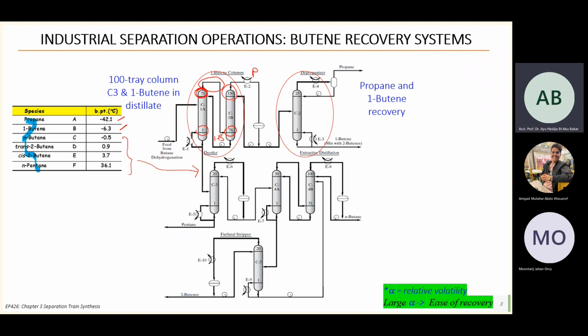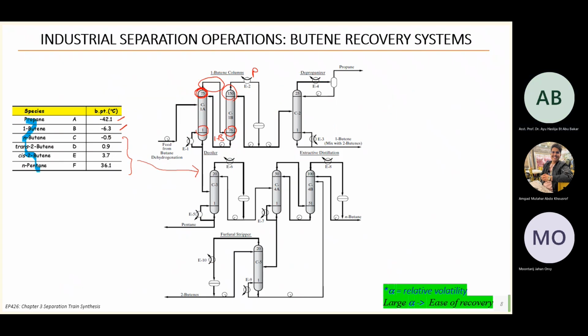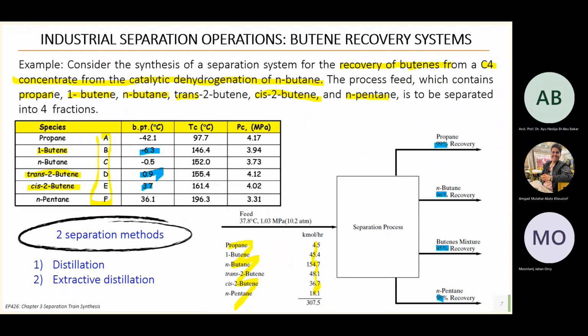Okay, wait, let me check. 150 is the critical temperature, according to this. So propane is 97.7, 1-butene is 146.